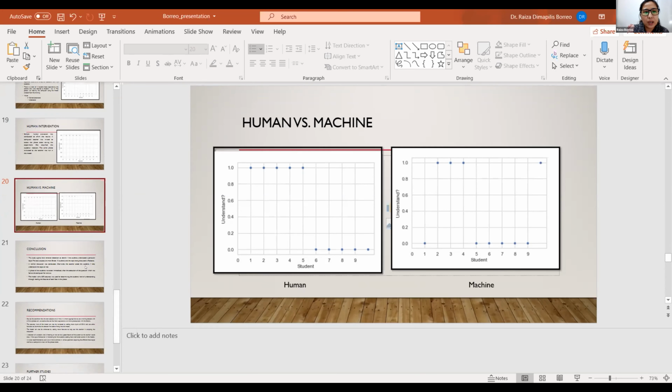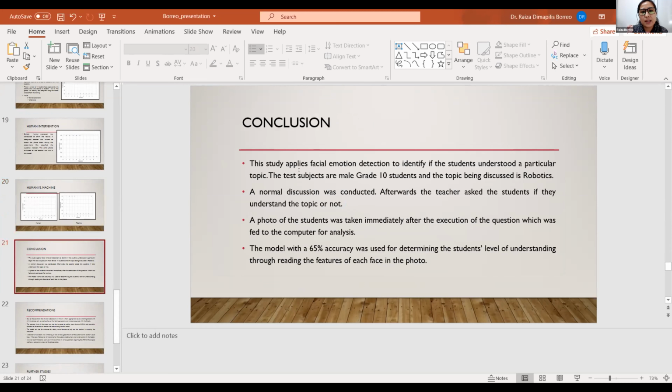So in conclusion, this study applies facial emotion detection to identify if the students understood a particular topic. The test subjects are all male grade 10 students, and the topic being discussed is robotics. Robotics is a very interesting topic, but there are still students who will not be able to understand it.